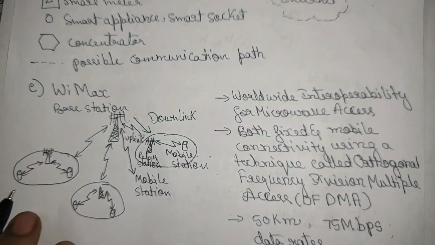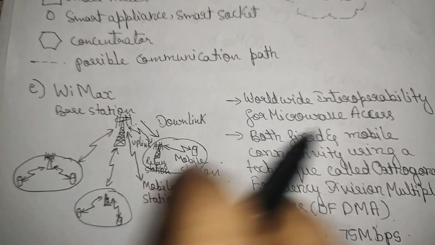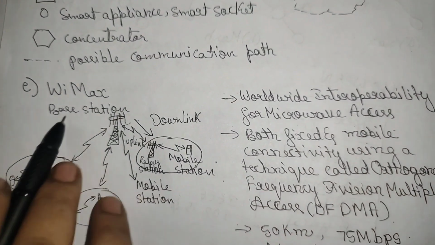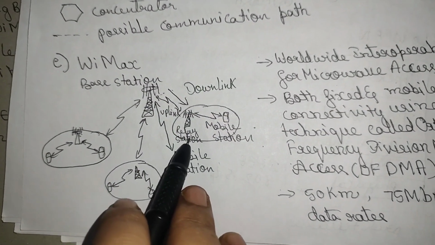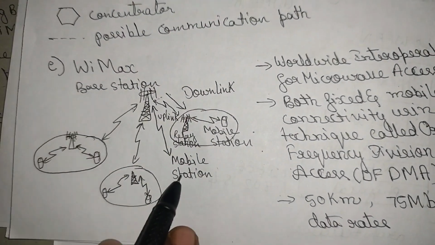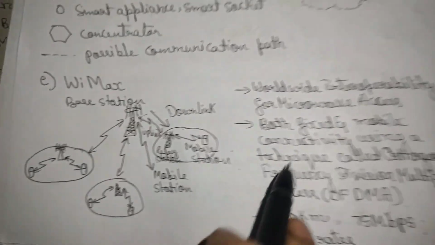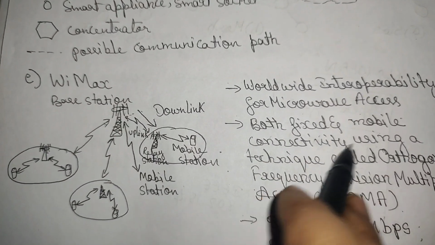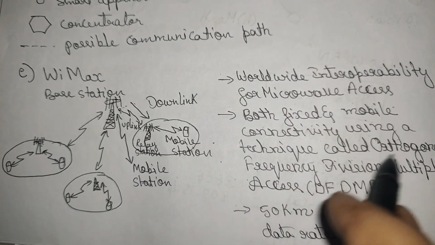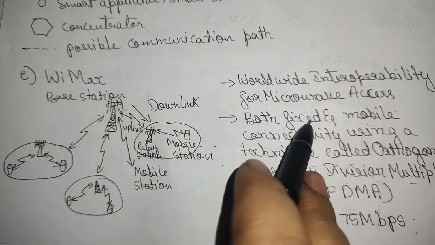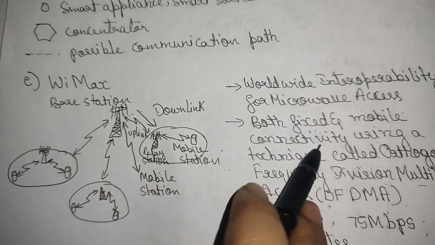Next, WiMAX. This is Worldwide Interoperability for Microwave Access. So you can see the base station, relay station, mobile station. This is a mobile station and similar. It provides both fixed and mobile connectivity using a technique called orthogonal frequency division multiple access.